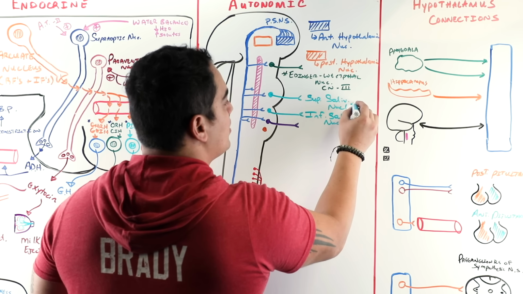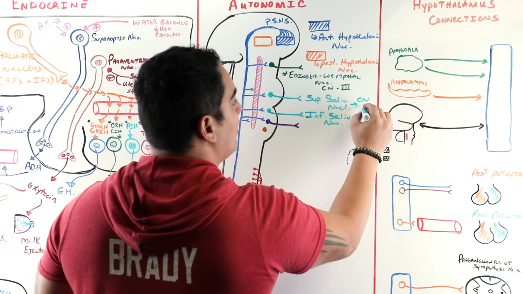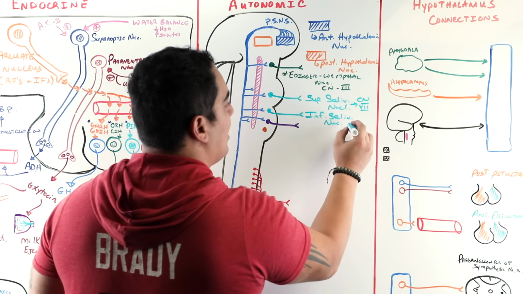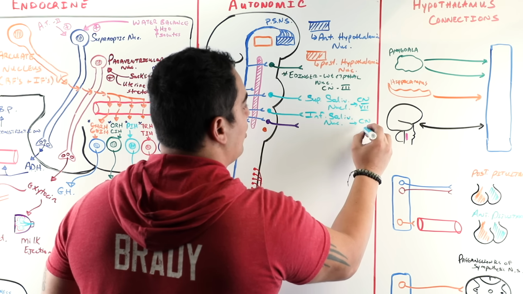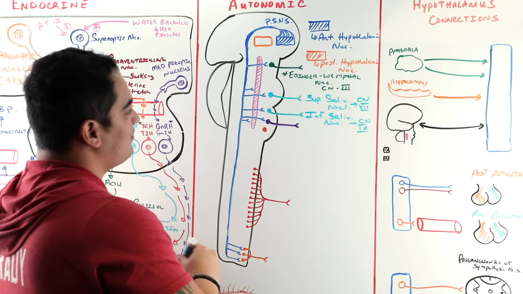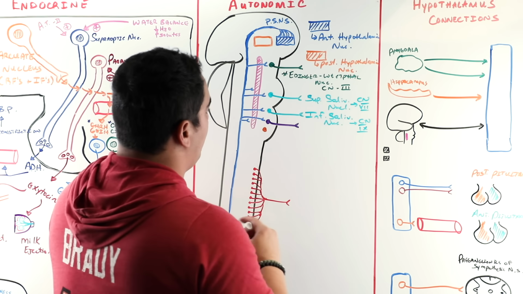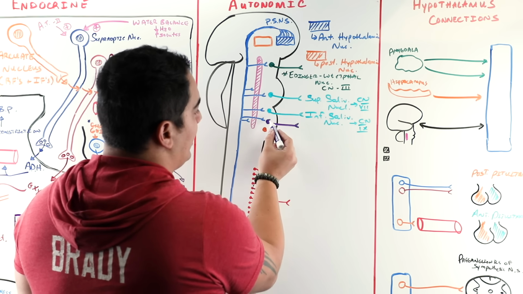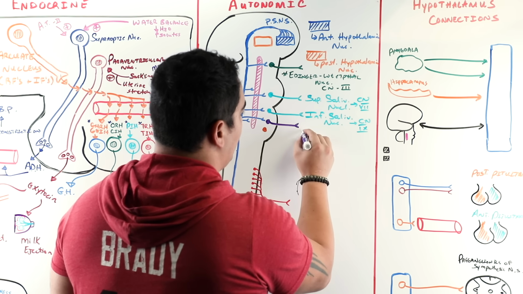The superior is associated with cranial nerve what? 7. This is facial nerve. And the inferior salivatory nucleus is associated with cranial nerve 9, glossopharyngeal nerve. Beautiful.